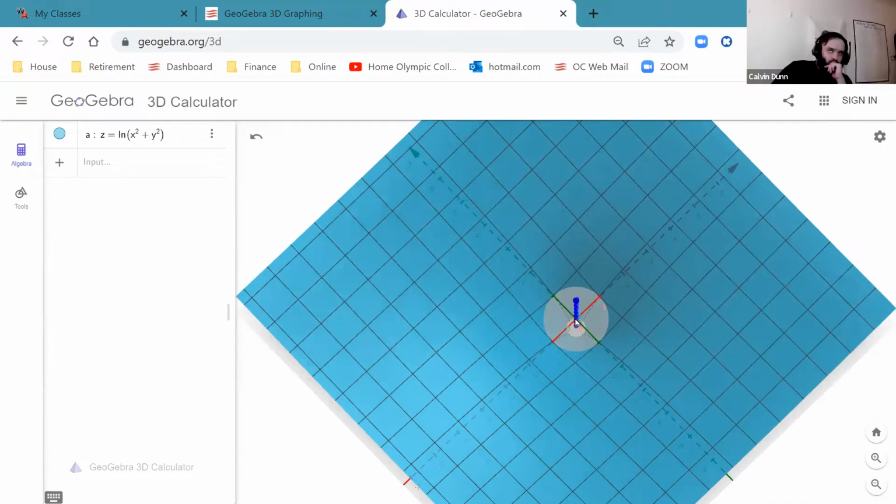Yeah. Now, as you get closer to 0, 0 on the floor, doesn't x squared plus y squared get really, really close to 0? And the natural log of 0 is negative infinity. So the z value becomes closer and closer to negative infinity in any direction you choose to get closer to 0, 0, right?